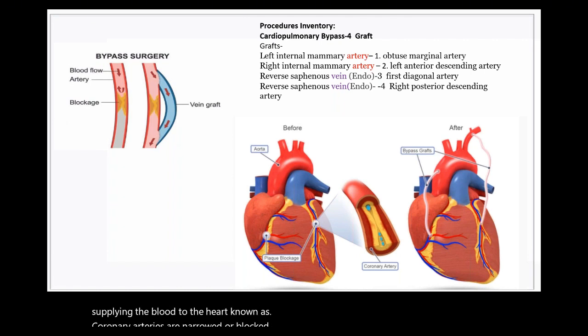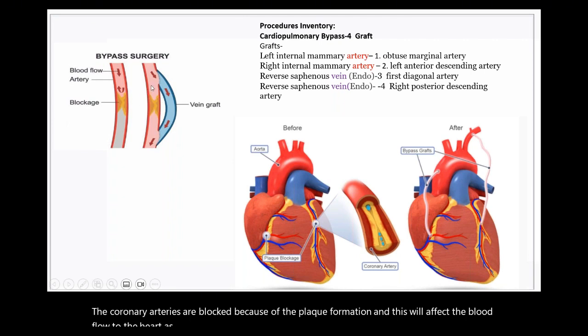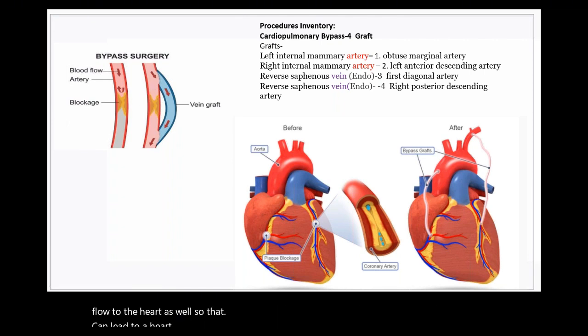In the image over here, you can see the coronary arteries are blocked because of plaque formation, and this will affect the blood flow to the heart as well. That can lead to a heart attack or myocardial infarction, etc. So that's an emergency. That's a very serious condition.